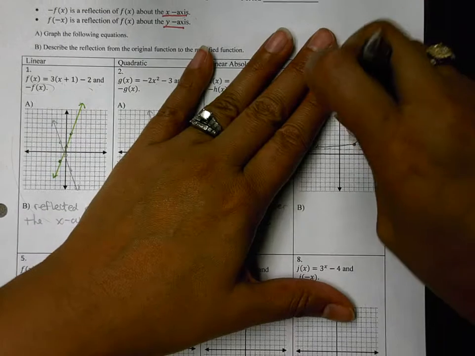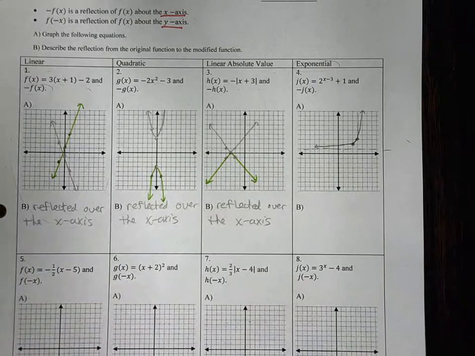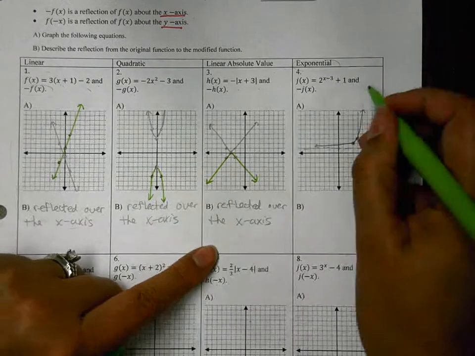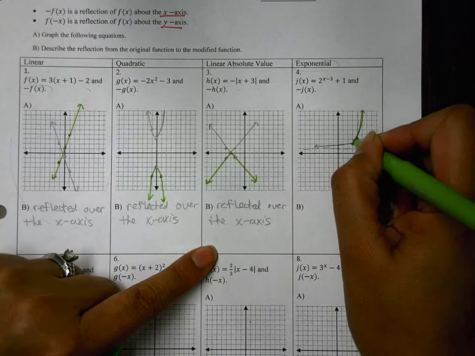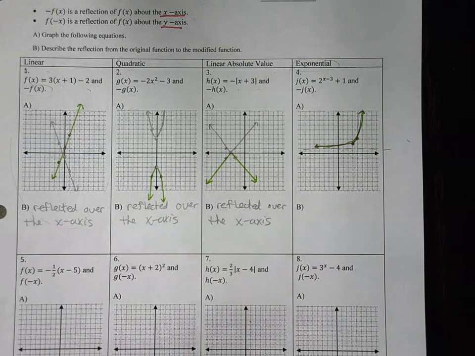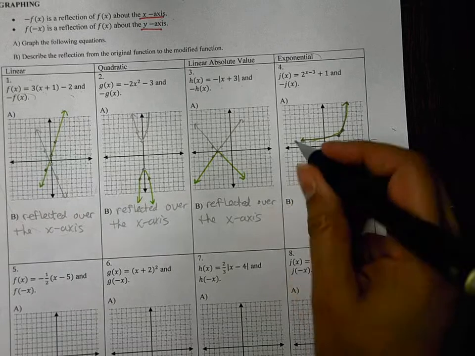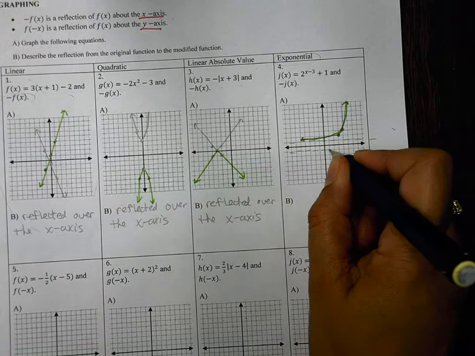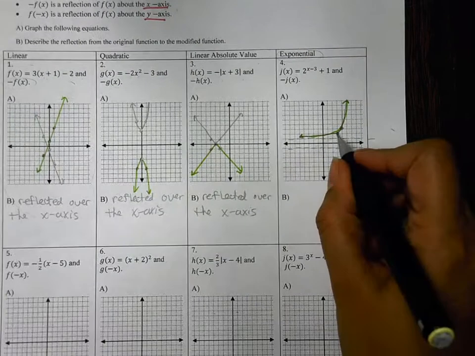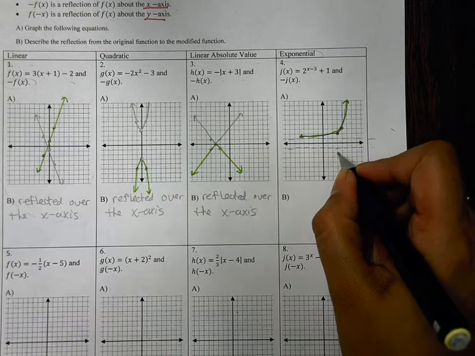Okay, I am going to darken in those 2 points and put my graph in color, and then I'm going to reflect the dotted line as well as the 2 points and the graph. Okay, the asymptote is 1 up from the x-axis, so 1 down would be right here at negative 1. The start point is 1, 2 up, so I'm going to go 1, 2 down.